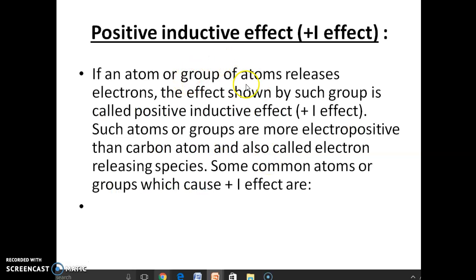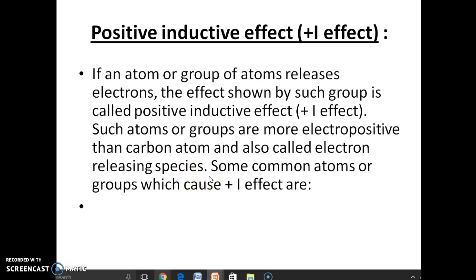So if the atoms or groups release the electron, then the effect shown by such groups is called positive inductive effect or plus I effect. And such atoms or groups are more electropositive than the carbon, and they are also called electron releasing species.